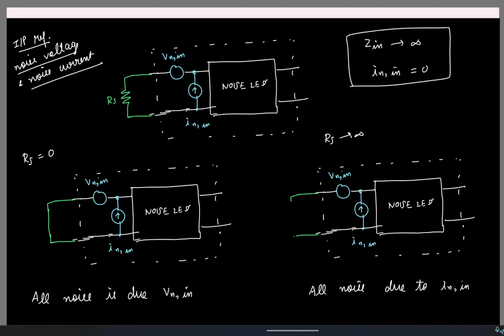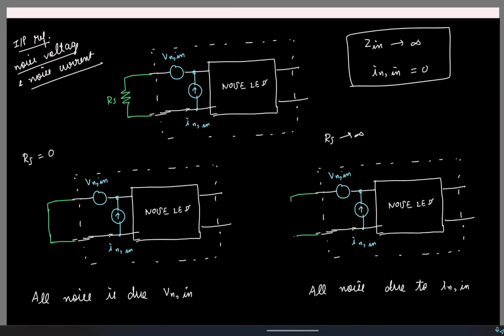Cool. So let's now quickly see how we can find this input referred noise voltage and current. So now we'll have to find these two, and let's say first we want to find this voltage Vn. We need to contrive something so that the entire noise comes due to only the voltage.